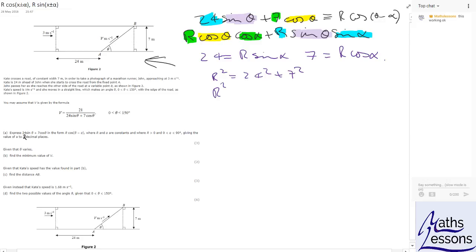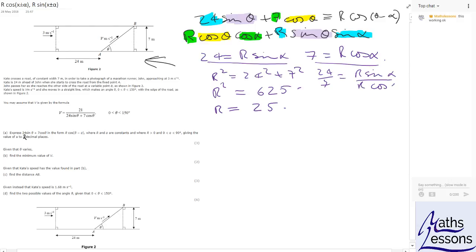So we know that r squared is equal to that, which comes out to be 625 when you put it through your calculator. So therefore r equals the square root of 625, which is 25. Now, if we divide this equation by this equation, we'll get 24 over 7 is equal to r sine alpha over r cos alpha.